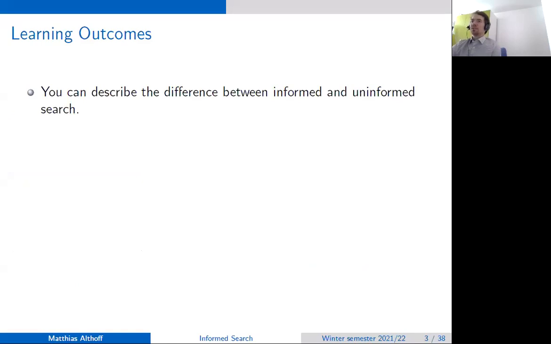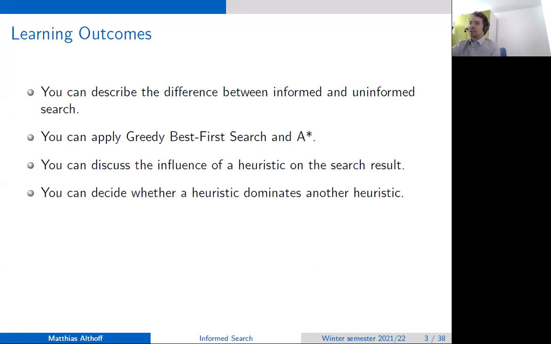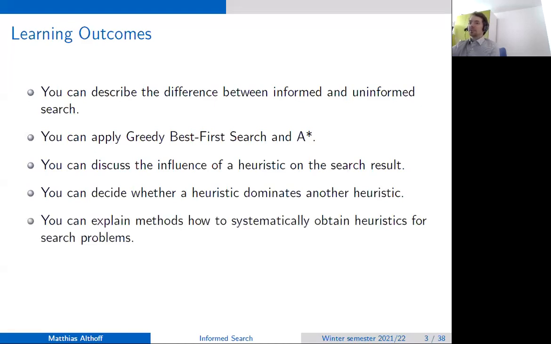As always, at the beginning of the lecture, what are the learning outcomes today? First, you will be able to describe the difference between informed and uninformed search. You can apply greedy best first search and A-star search, which are the two search techniques that we're going to learn today. You can discuss the influence of a heuristic on the search result. And you can decide whether a heuristic dominates another heuristic. We'll see what that means.